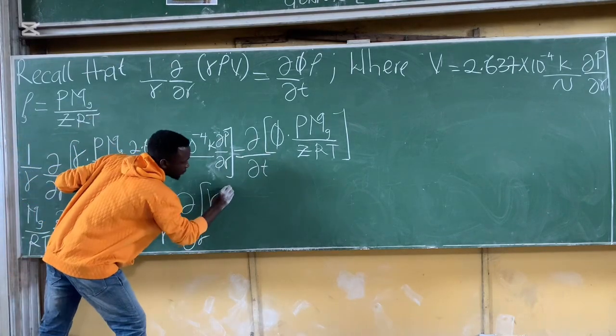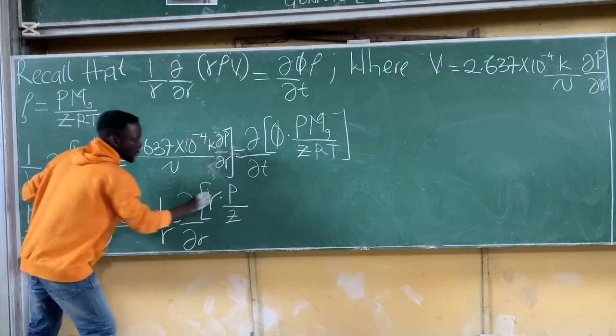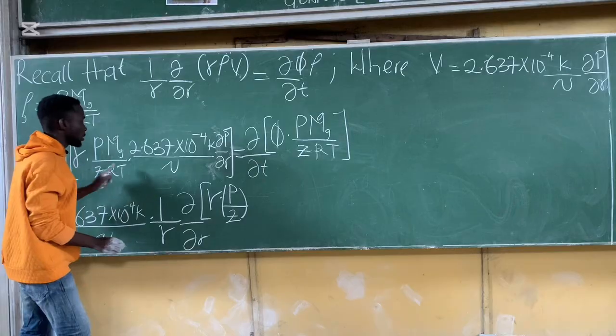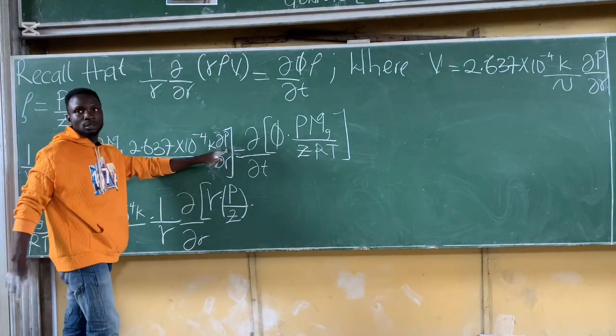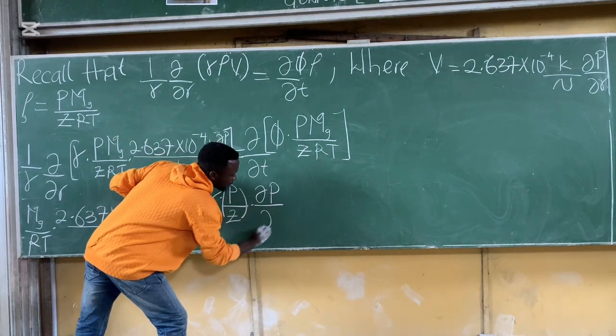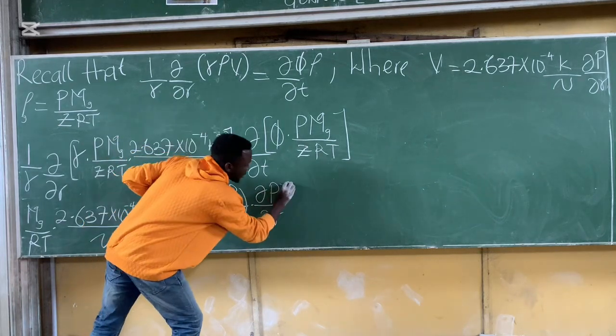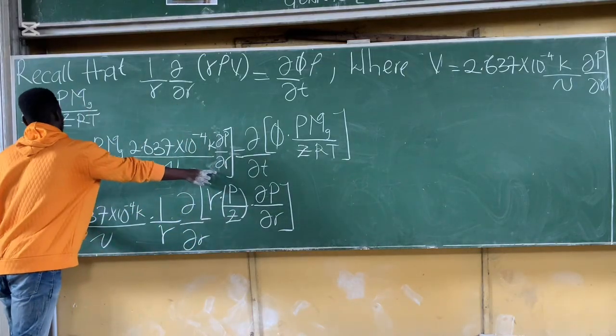So this becomes P all over z, put in brackets, then dot dp/dr. So we are done with this bracket; we close it.